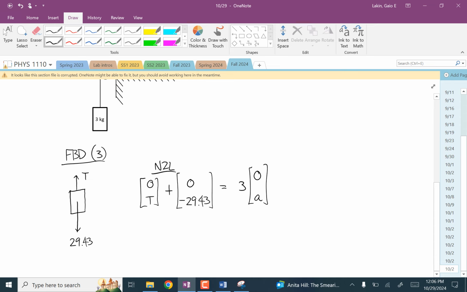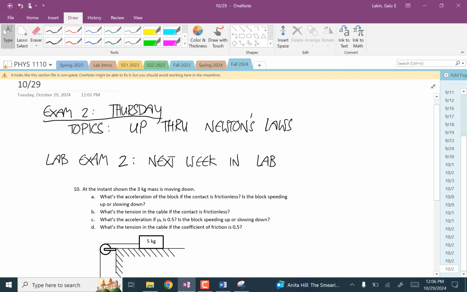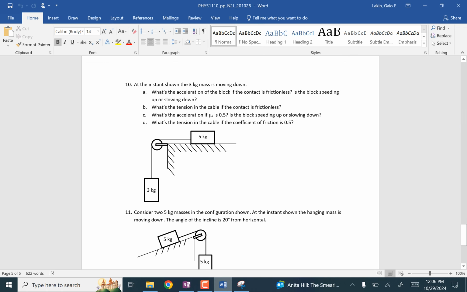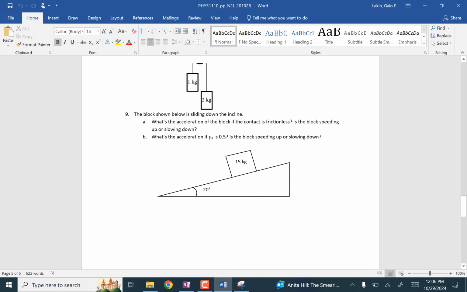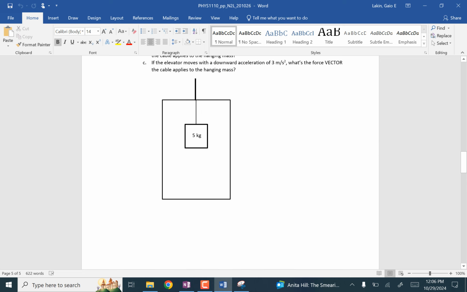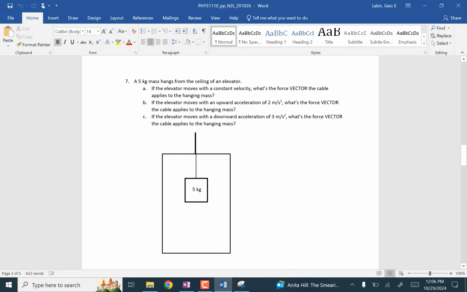Why does this one have an A but the elevator does not? Remember, back when we had questions about elevators, they would have just 0, 0. In this one, you are told what the acceleration is in every one of these. So for part A, it says it's moving with a constant velocity.